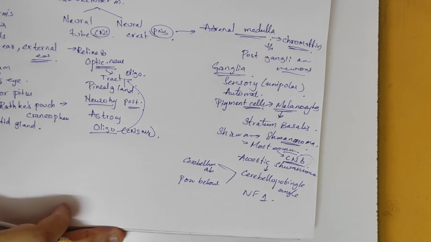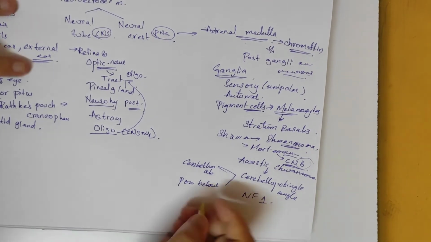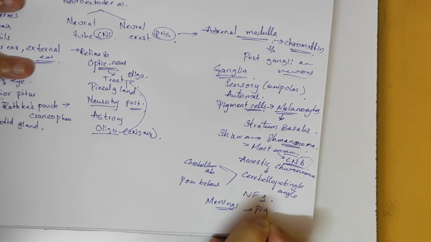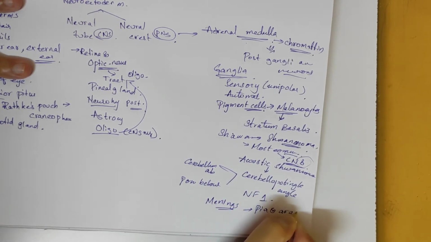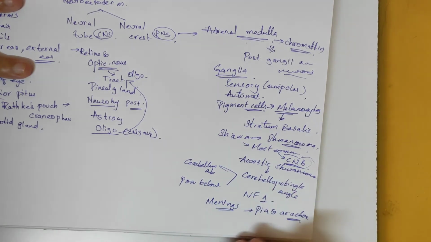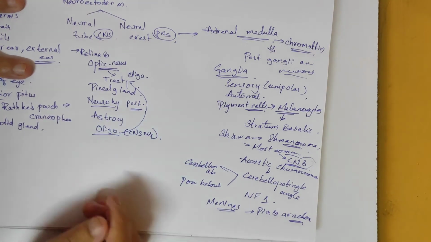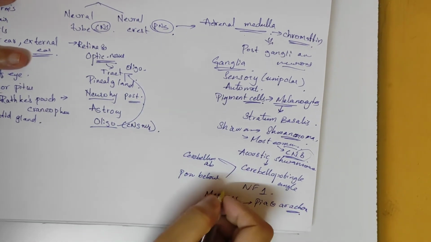And next, it also has meninges. The meninges here are pia and arachnoid mater. So where is the dura? The dura is coming, we'll discuss that.